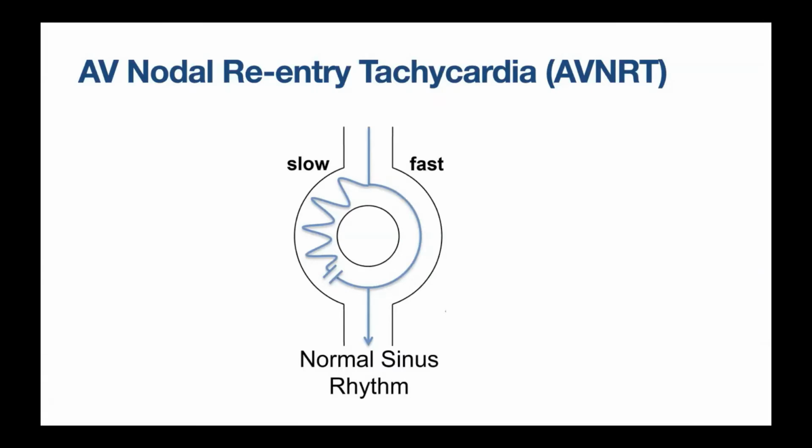And by the time the slow pathway conducts down to here, it will find the fast pathway already in refractory period, so it will abort itself and not conduct down. So the impulse goes through the fast pathway and then down to the ventricle, while the slow one is stopped by the refractory period of the fast pathway.